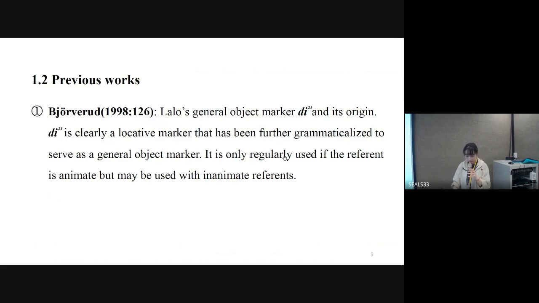Okay, this slide shows some previous work on the object marker in this language. First of all, Bufort talked about Lalo's general object marker and its origin. Li is clearly a locative marker that has been further grammaticalized to serve as a general object marker. It is only regularly used if the referent is an animate element, but may be used with inanimate referents.